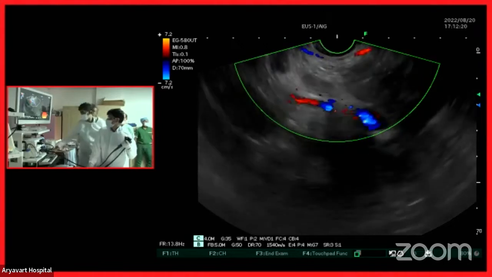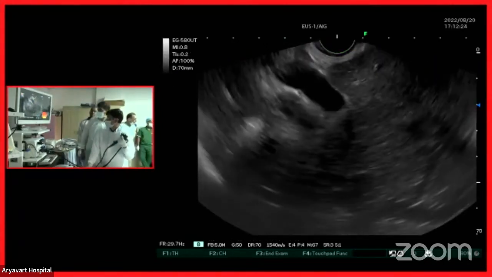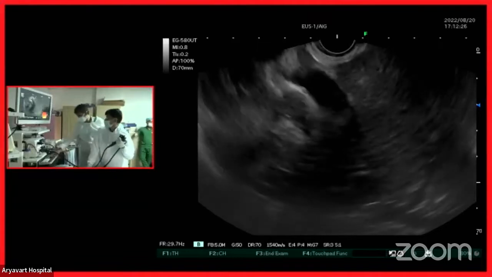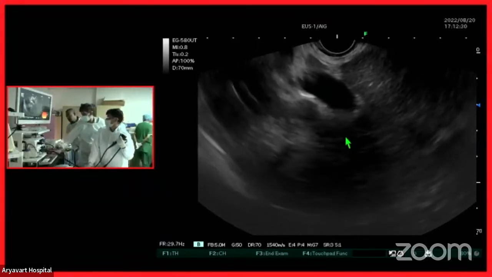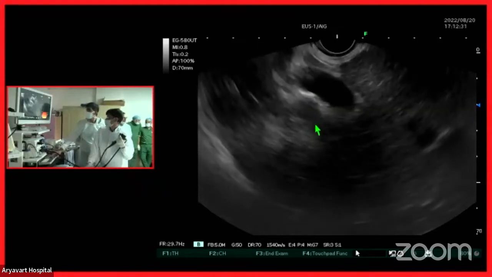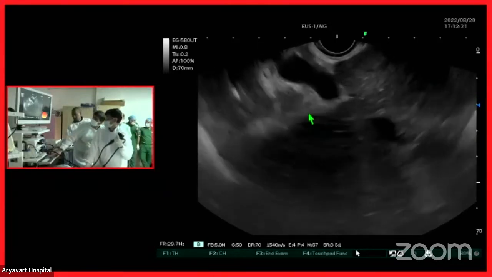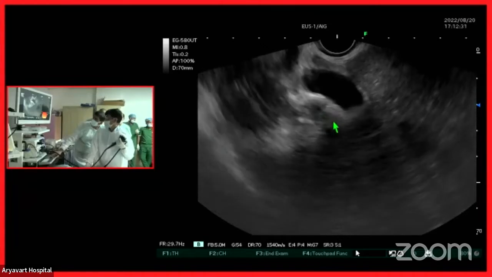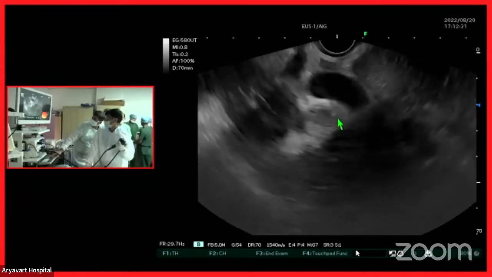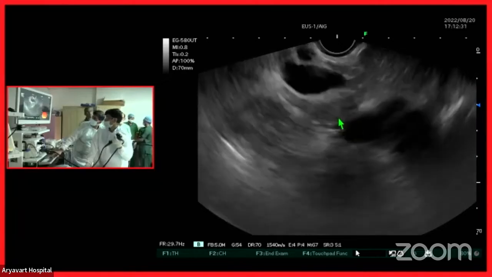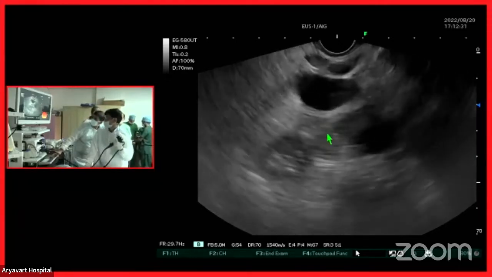Just below it, the resolution isn't great, but around about there we might be seeing a vaguely defined hypoechoic mass, possibly. It's coming through there.